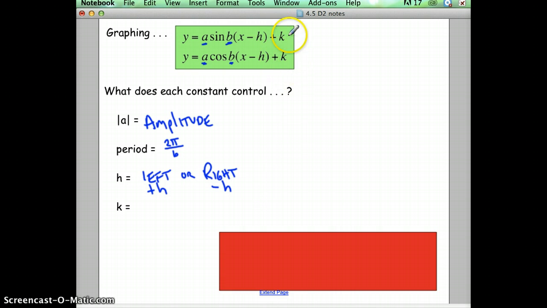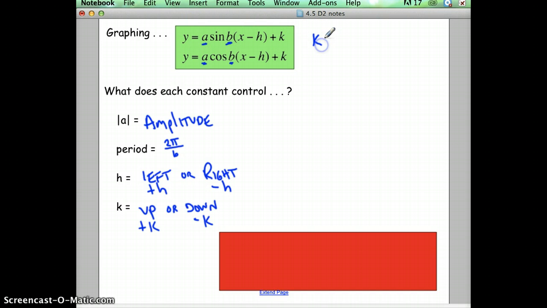The K value out at the end, that is your up and down. If you are adding the K value, it's going up, and if you're subtracting the K value, that'll make it go down.